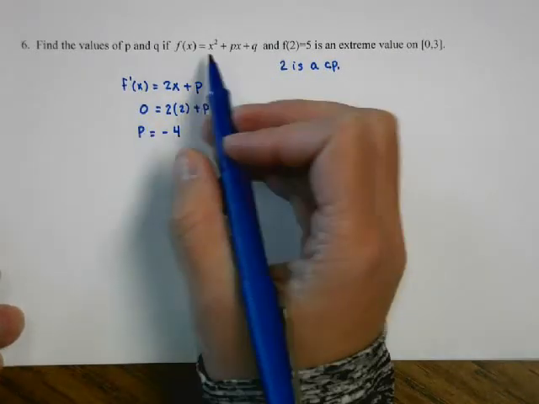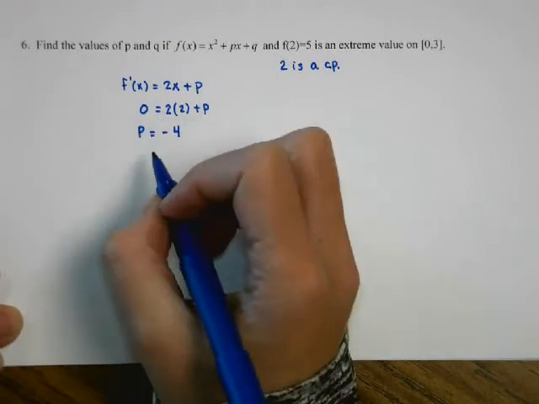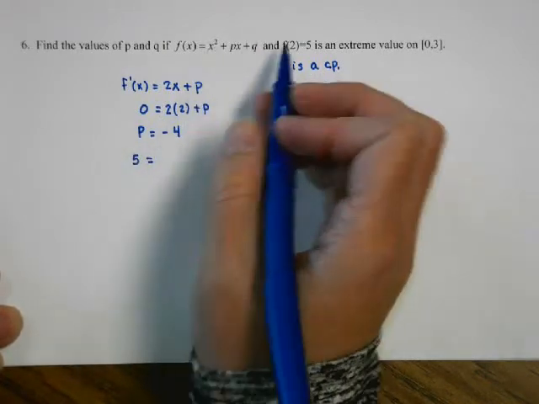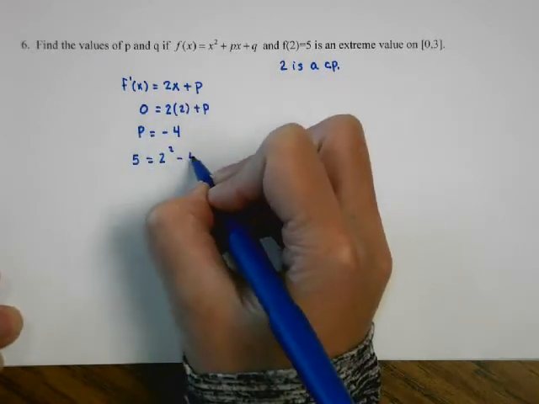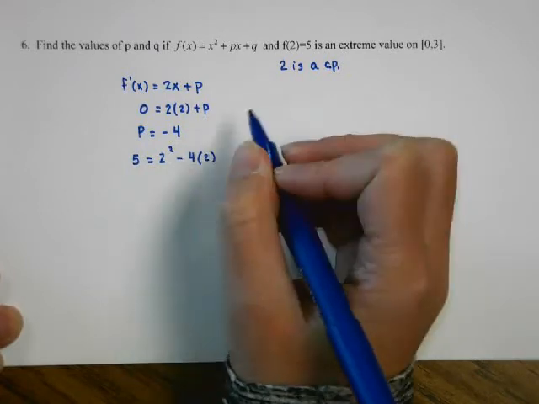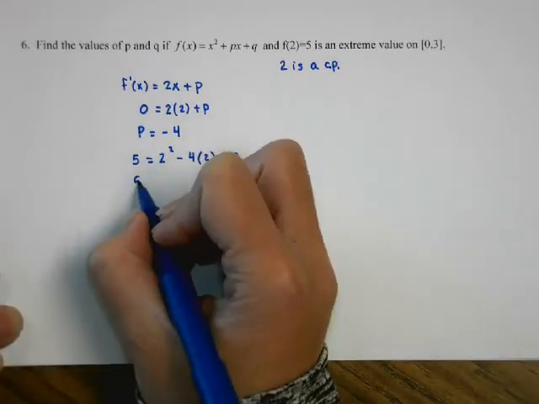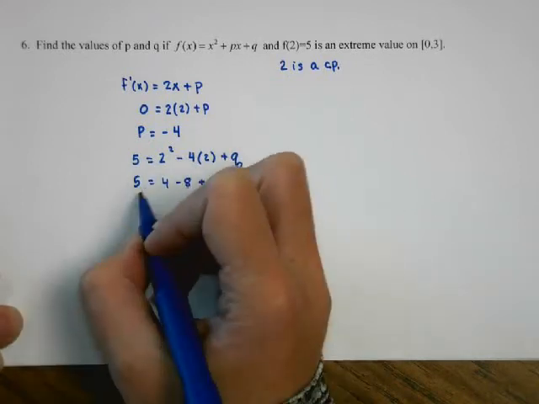I can use that and the original equation and this point to find the value of q. So 5 is going to equal 2 squared, we now know p, minus 4 times 2 plus q. So 5 equals 4 minus 8 plus q.